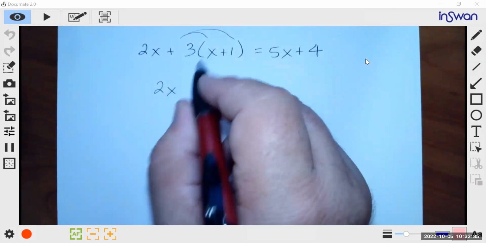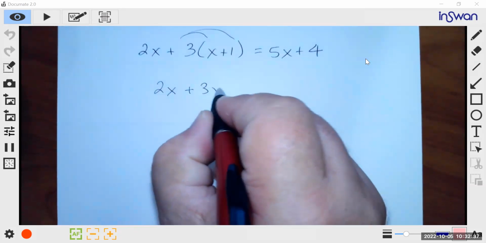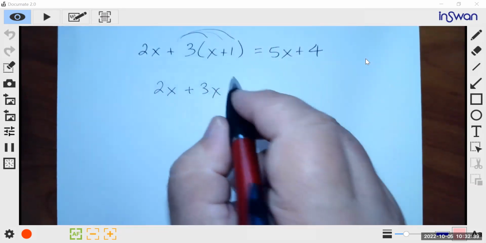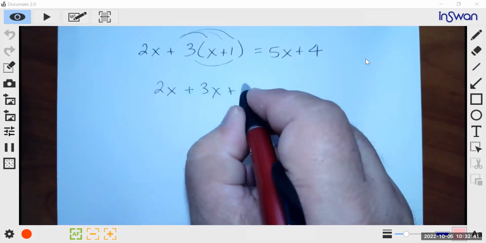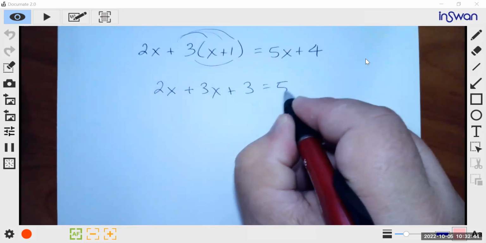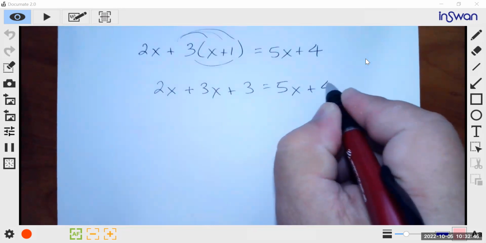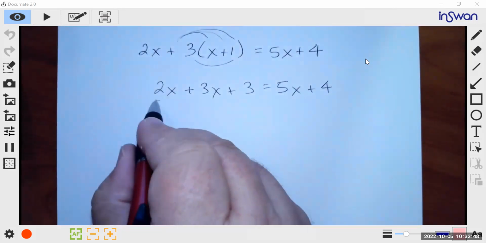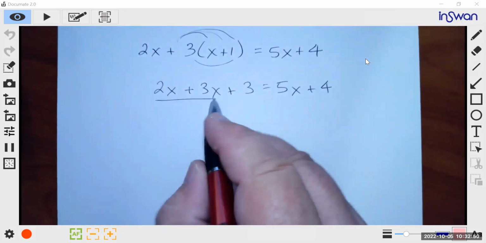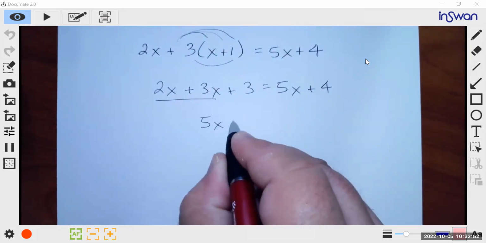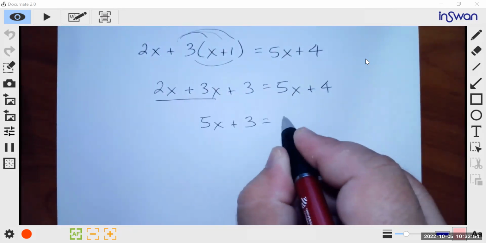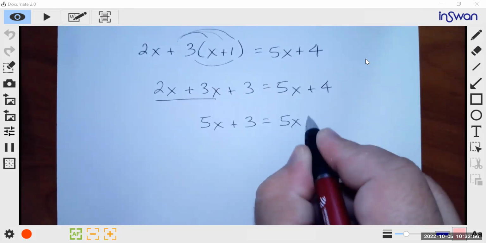So we have 3 times x, positive 3x. Positive times positive is positive. 3 times 1 is 3. Equals 5x plus 4. Combine like terms. 2x plus 3x is 5x, plus 3 equals 5x plus 4.